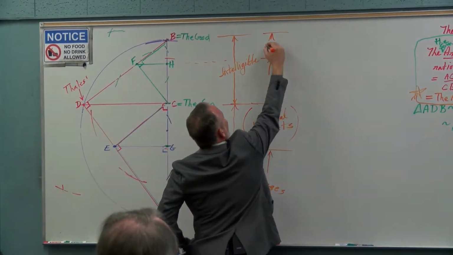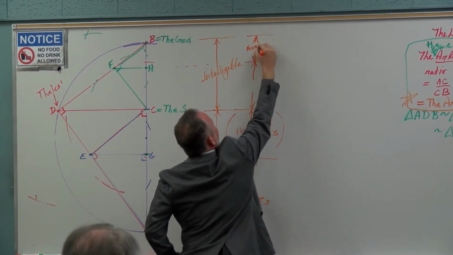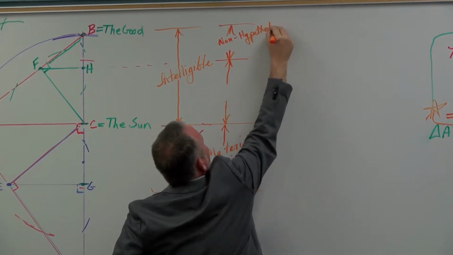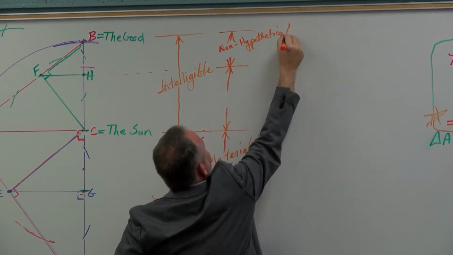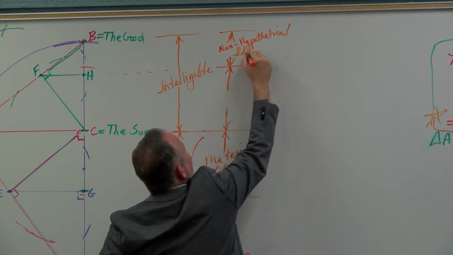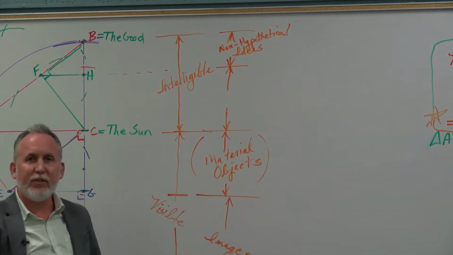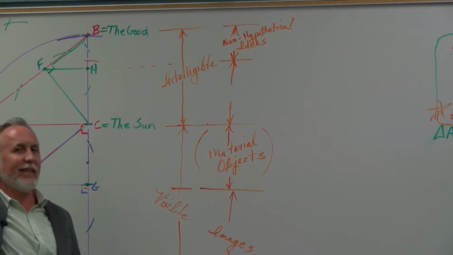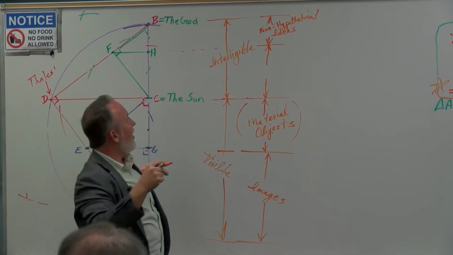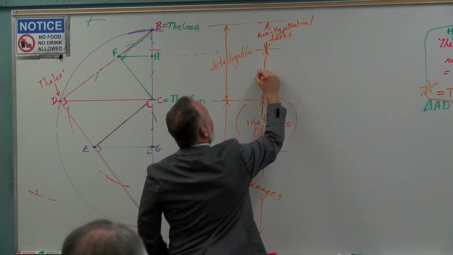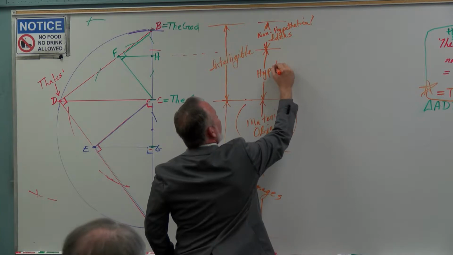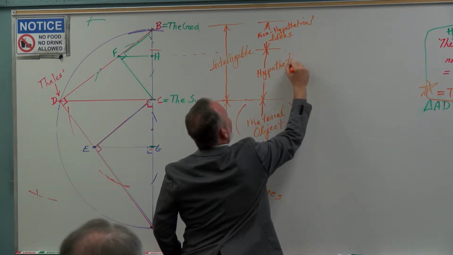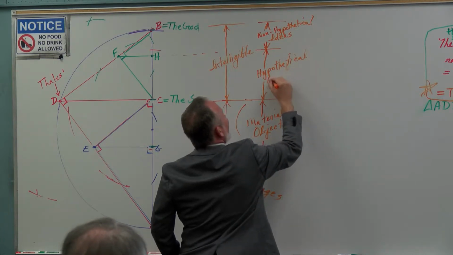So he's saying that there are non-hypothetical ideas. And Plato tends to use the word idea in a technical sense. These are like the highest things that can be known, or ideas. And then in this region, there are hypothetical essences.